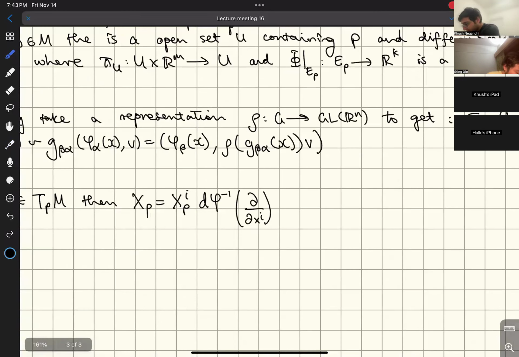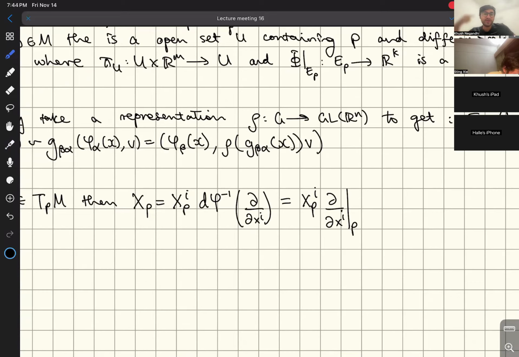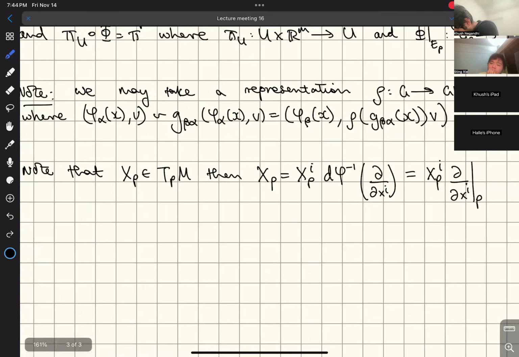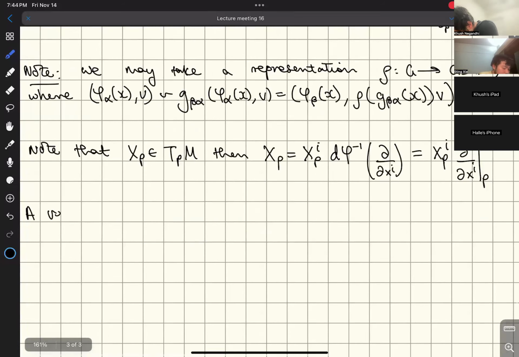But just for the sake of non-cumbersome notation, I'll just write it like this, even though the x_i coordinate vector field here is not the same as this thing. Just for notational sake, we'll do that.